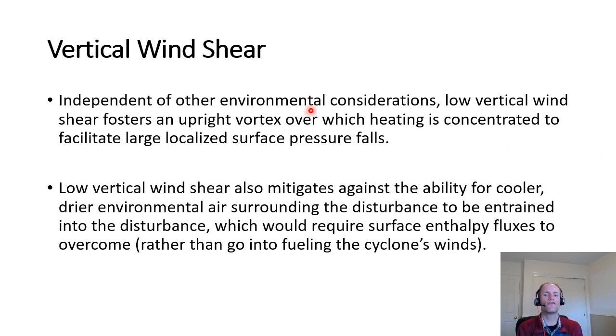In general, vertical wind shear is also associated with cooler and drier air on the outside of the cyclone. We know that the cyclone is relatively warm and moist compared to its surroundings. And so vertical wind shear provides a way to try to forcibly bring that cooler, drier air into the center of the cyclone.